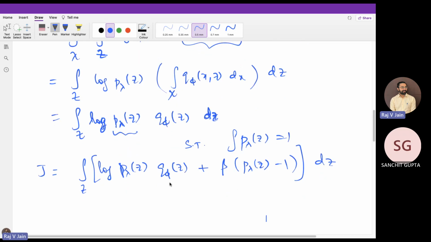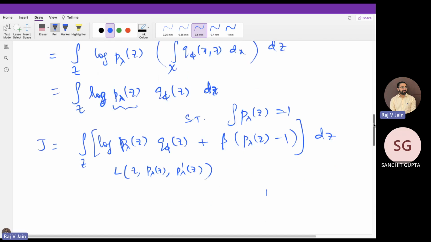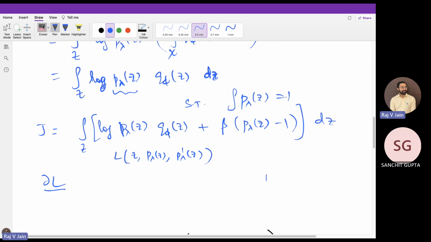This is your Lagrange equation, L of Z, P lambda of Z, and P lambda prime of Z. There's no P lambda prime of Z, so that term will go to 0. So take it as an exercise. Try proving this.